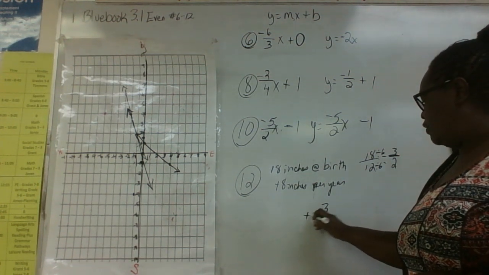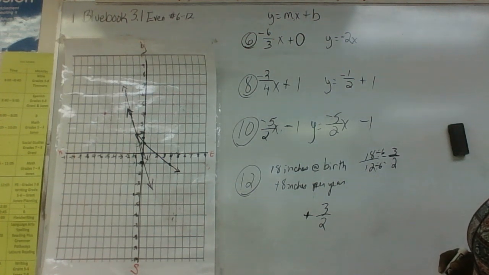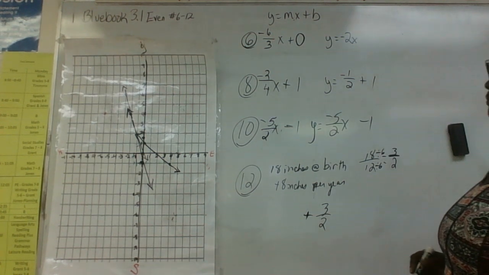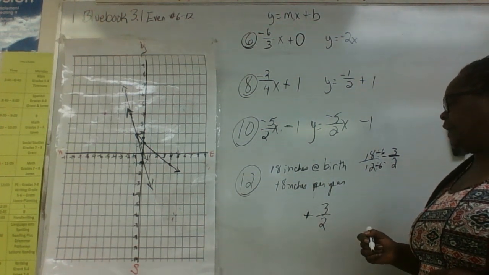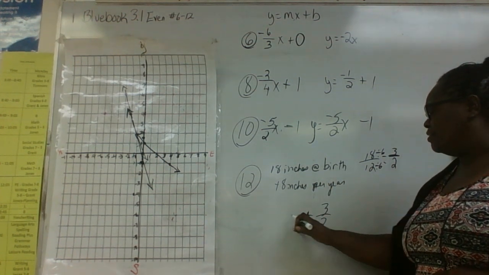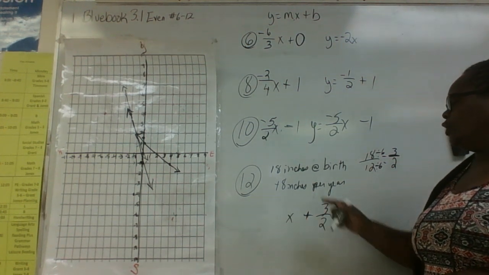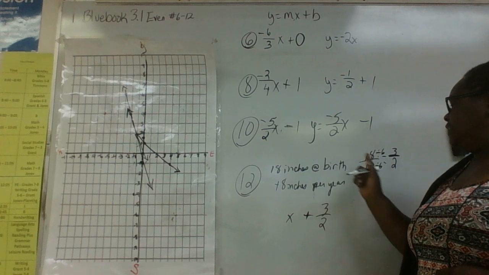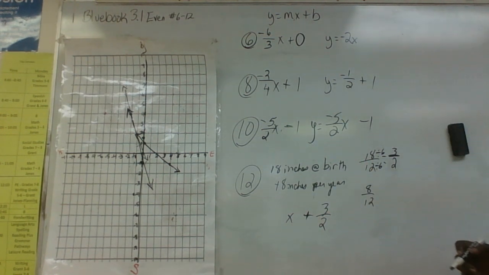And therefore, let's move on from there. It's not negative, it's positive, so we have a plus there. Now, in a year it grows 8 inches. Any year, whether it's the first year, second year, third year, that's x. It grows 8 inches, and they want it in feet, so that is 8 over 12.